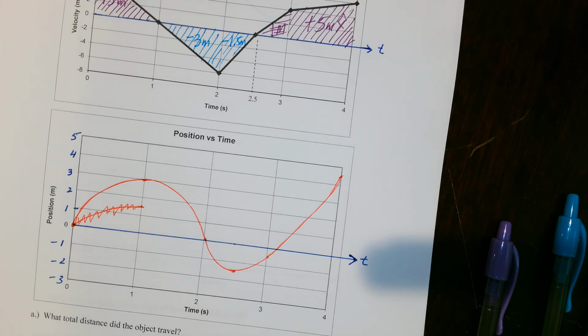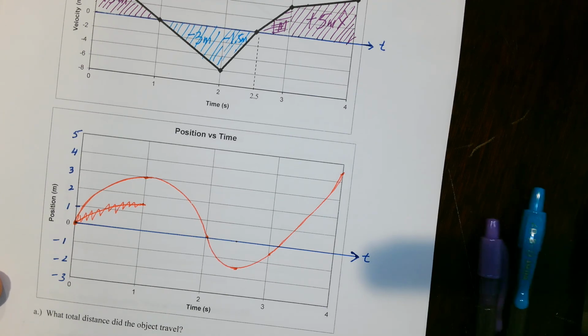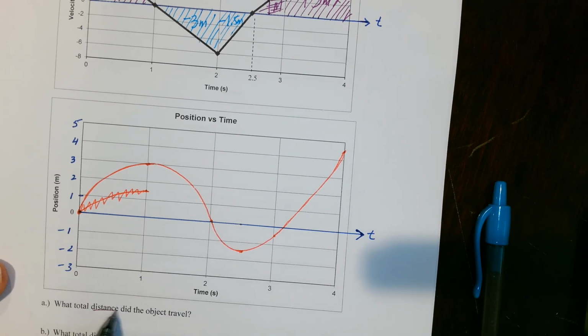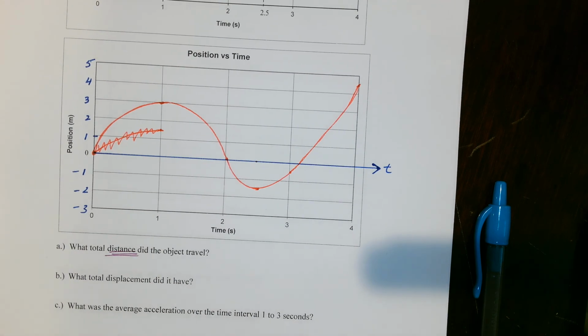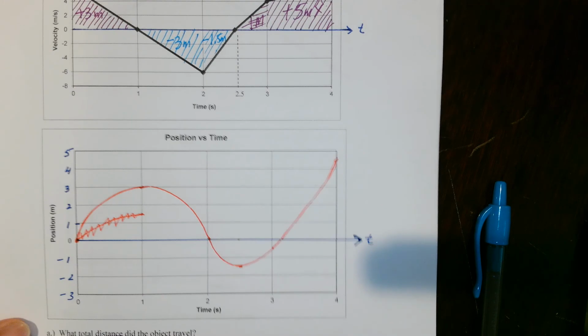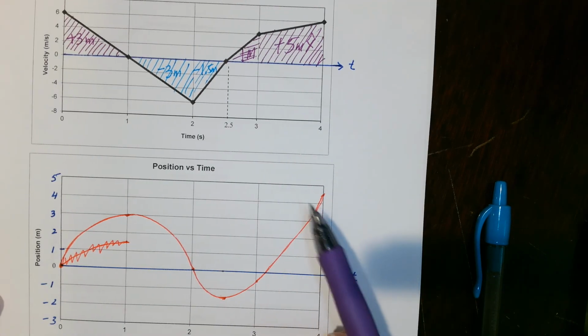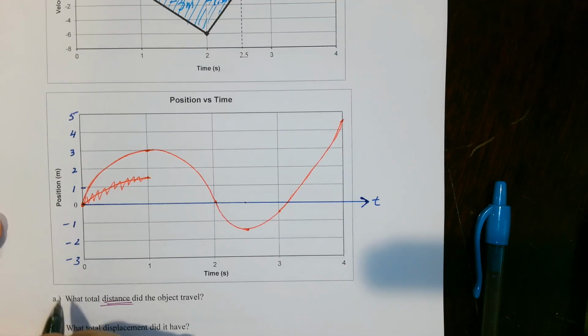So what is the total distance the object traveled? The total distance doesn't have to have any direction at all. So all you need to do is just add up all the length traveled in an absolute value way, right?